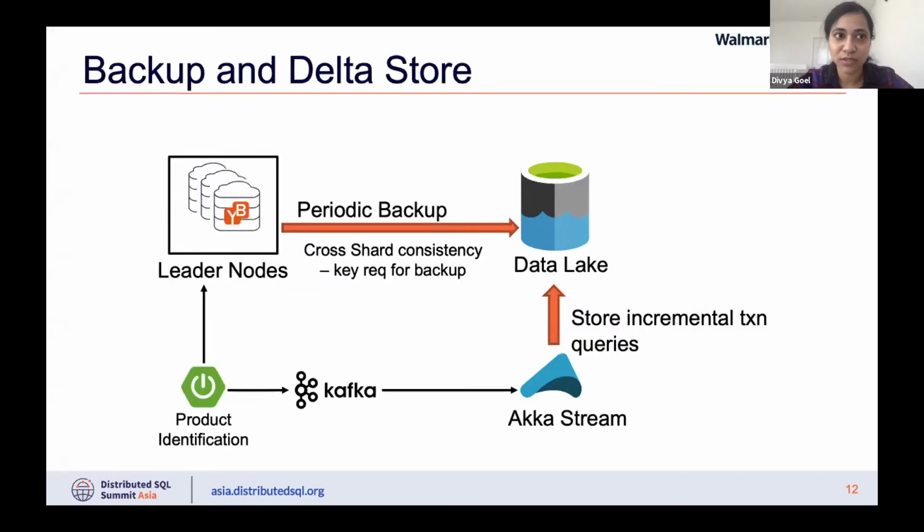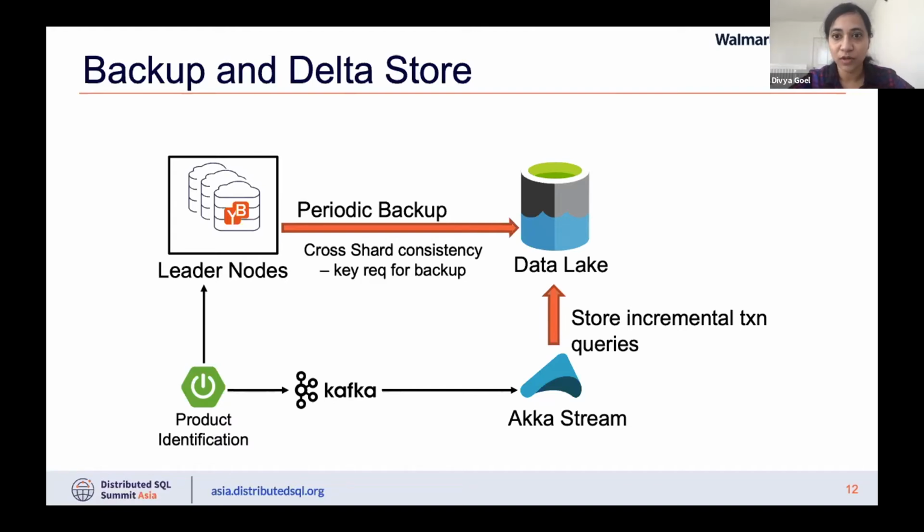So as I mentioned briefly about backup in the previous slide, I want to further emphasize on that. The product identification service is writing to its own cluster, and we are running periodic backups from the primary cluster of product identification.